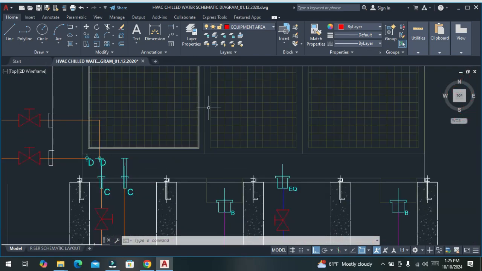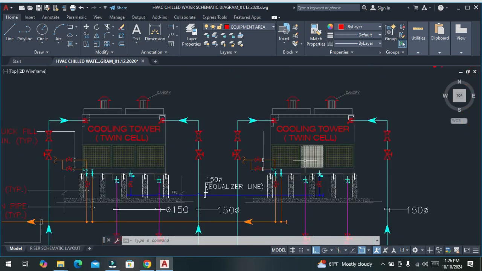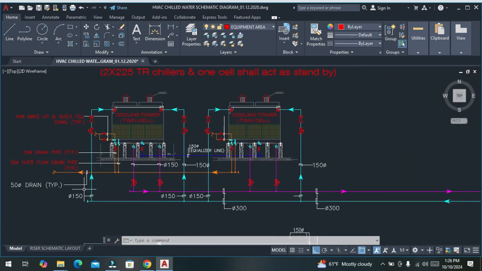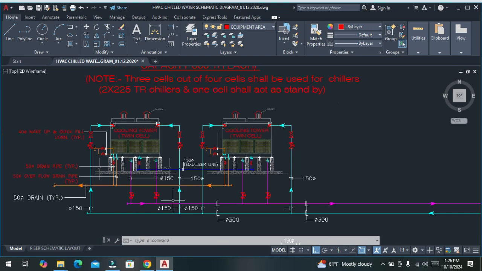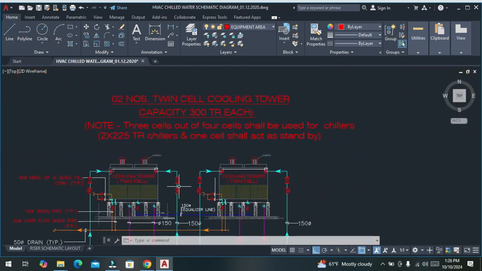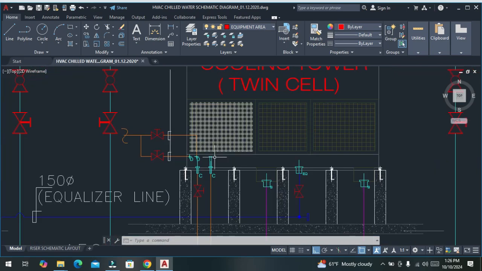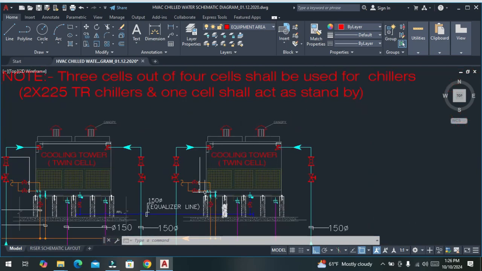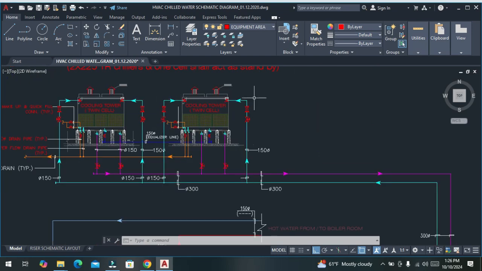In one CT, as I have already told, there are two cells, so there are two inlets, one cell for this side and one for this side, and similarly for the other cooling tower. The header is common, so this is an inlet and this is an inlet.